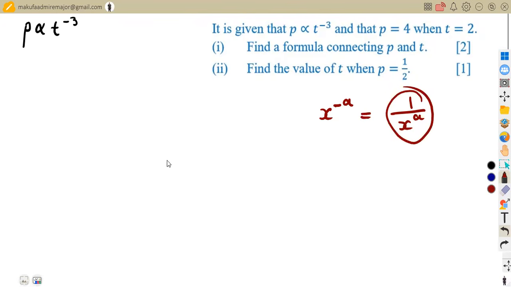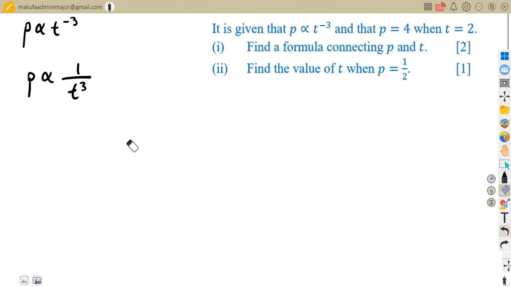The moment you say 1 over, that's an inverse. So this statement could have been written as P varies inversely as the cube of t, that is 1 over t to the exponent of 3, or in a direct way, the way that we are given there.